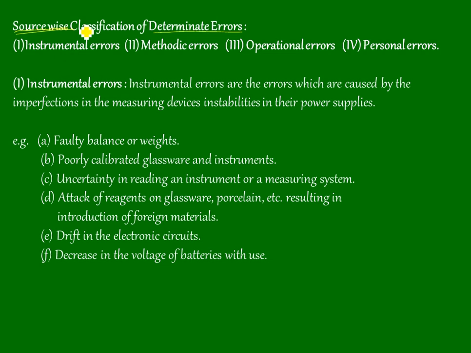If we see the source-wise classification, then we have instrumental errors, methodic errors, operational errors, and personal errors. So there are four types of determinate errors. We are going to see one by one what is meant by instrumental error and the other types.